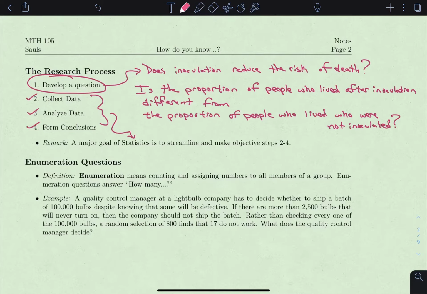Still a question, but it tells you directly what we're going to compare. And it doesn't presuppose any answer either. It says, here are the two statistics that we're interested in, these proportions, and we just want to know if they're different or not.